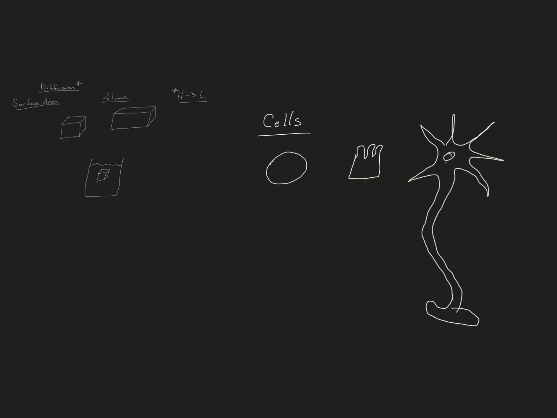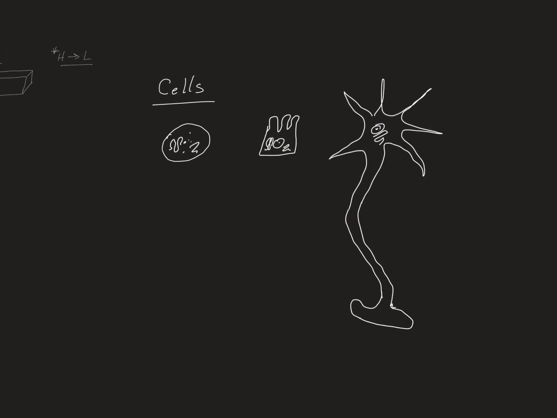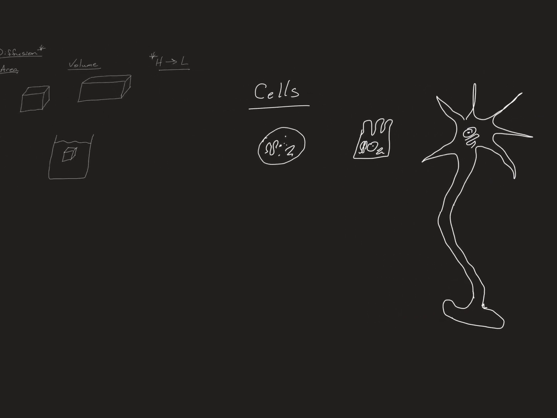And it still has all the same things. All the cells in your body still have a nucleus, an endoplasmic reticulum, rough and smooth, Golgi body, ribosomes. They still have membrane-bound organelles, et cetera. But some of them have different shapes.